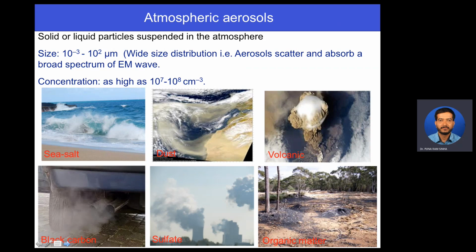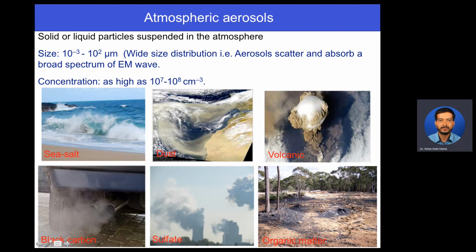So in order of 5 magnitude variation in the size of aerosols present in the atmosphere. The concentration goes as high as up to 10 to the power 8 per cubic centimeter.